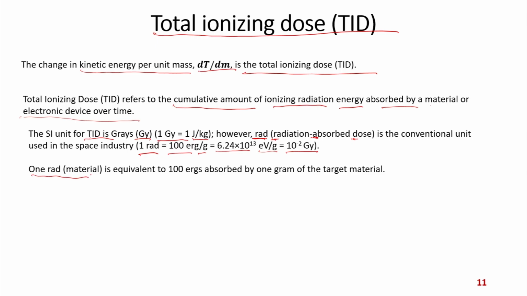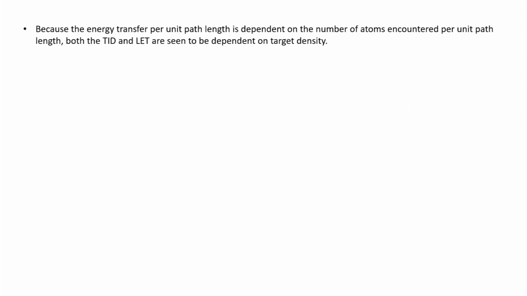So, 100 rad of material is equivalent to 100 ergs absorbed by 1 gram of the target material. So, this is the meaning. If I say 100 rad, it means 100 ergs of the radiation have been absorbed by 1 gram of the target material. Now, because the energy transfer per unit path length is dependent on the number of atoms encountered per unit path length, both the TID and LET are dependent on the target density.